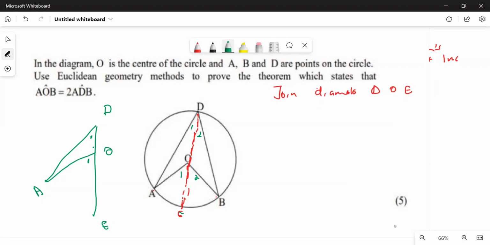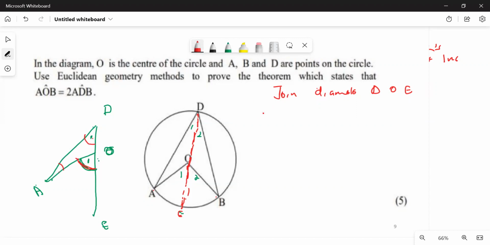If we call it O1, this thing here is a triangle. Look at this triangle ADO. Can you see triangle ODA? This angle here is an angle outside, so we call it an exterior angle. What will this angle be equal to? Angle A plus D, so this is going to be equal to this one plus this one.